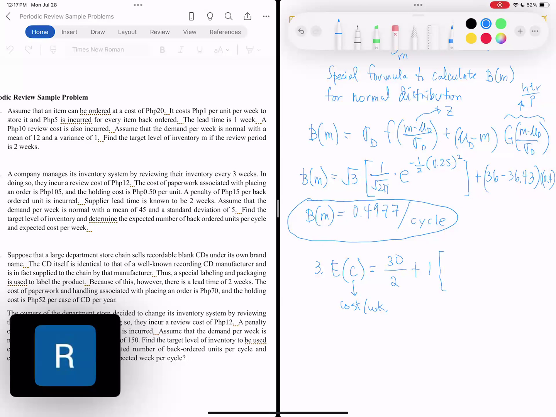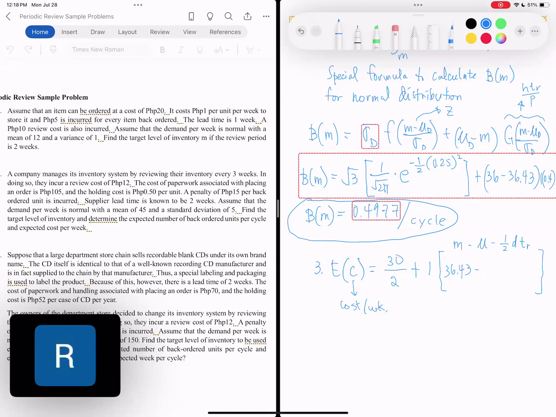So multiplied by M, which is 36.43, minus mu, minus 1/2 D times TR. That's the formula here.